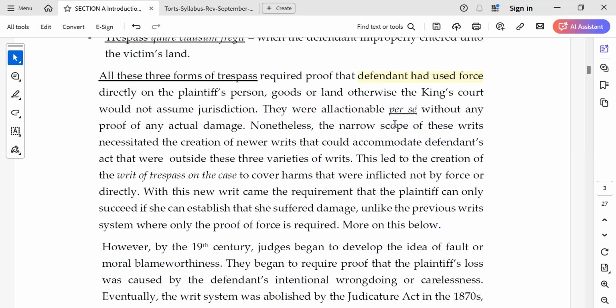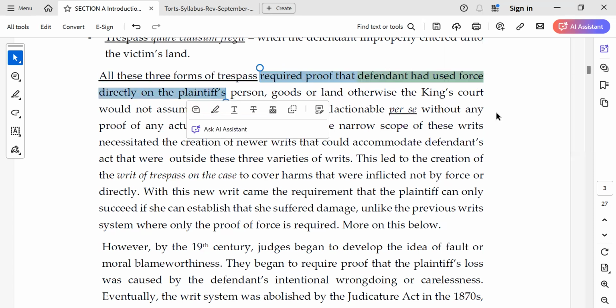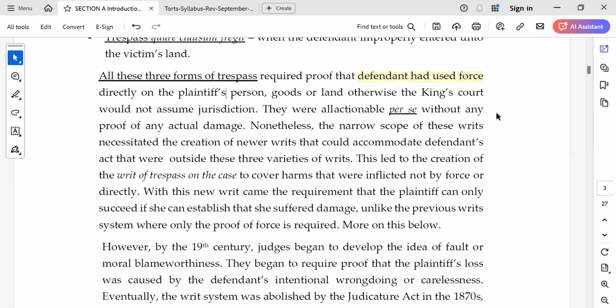So they were all actionable per se without any proof of any actual damage. That means if you can show on its own that the defendant had used the force directly, that is sufficient, then damage need not be proven.